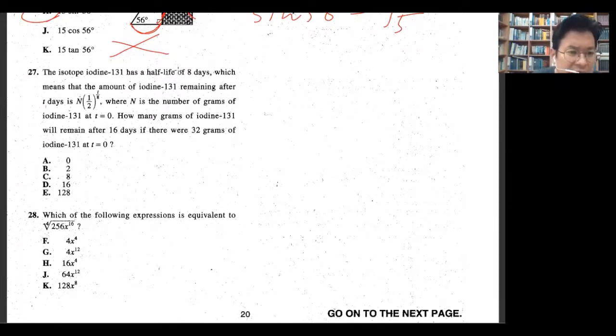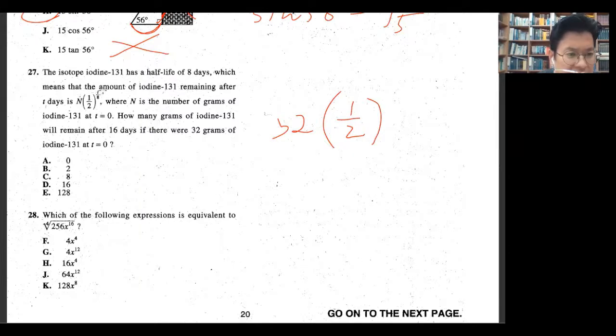The half-life is 8 days, which means the amount remaining after t days is this much. How many grams will remain after 16 days if there are 32 grams of this one? So you're putting 32, and then 1/2.